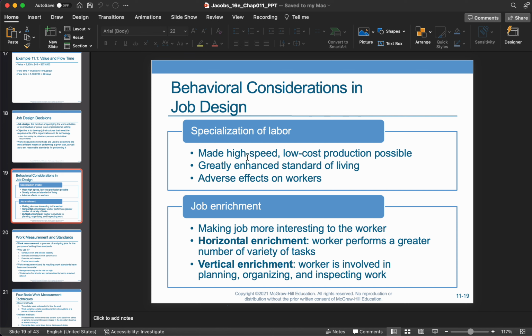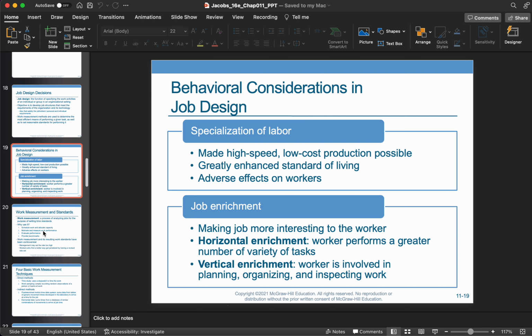But if you give workers the opportunity to do multiple parts of an assembly line instead of just one part, they might take better ownership of the product. Also, you could give workers incentives on the products that they make and pay them better. There are a lot of things you can do for job enrichment here.